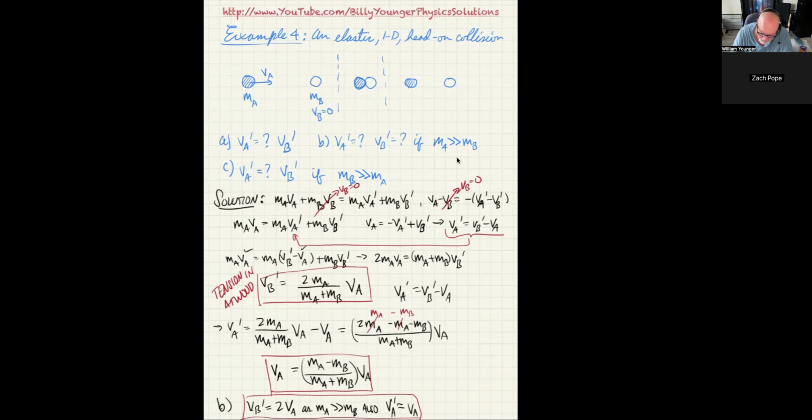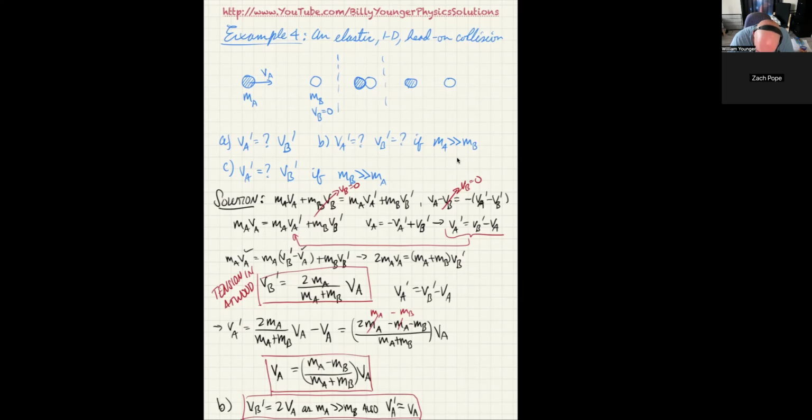All right. For Part C, again, I'm doing this because it's just a couple minutes. We wasted a little bit of time at the beginning, so I want to go ahead and finish Part C. If you look at Part C, we're supposed to take these same two equations that I boxed off in red, but in this case, we're considering the case of MB being much, much greater than MA.